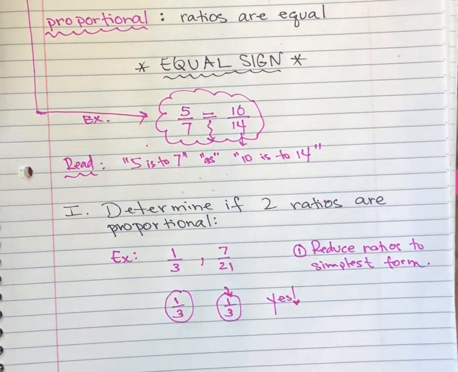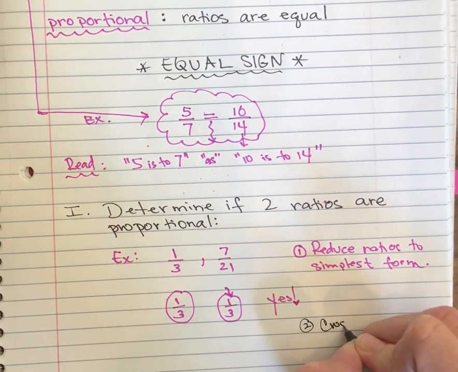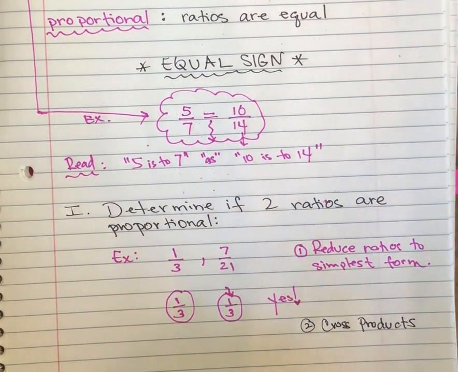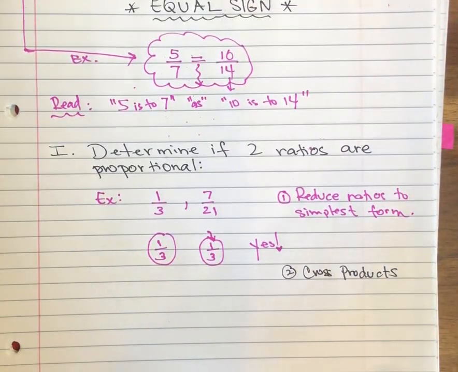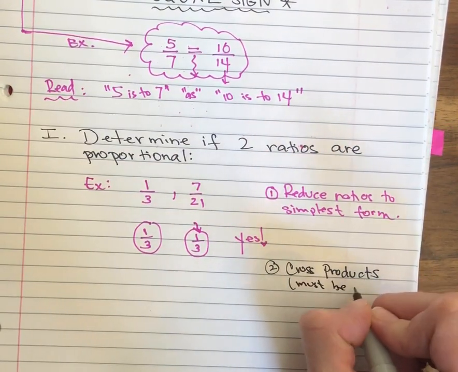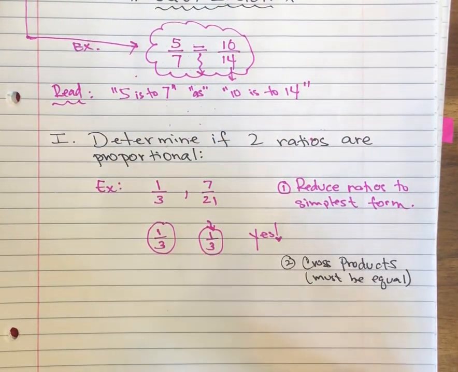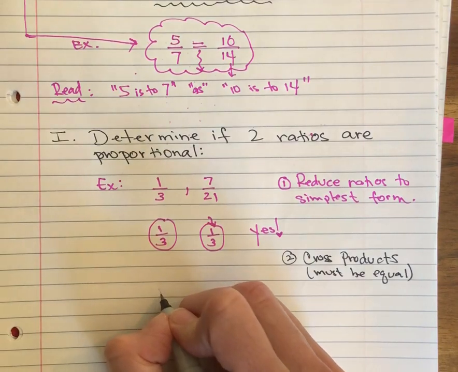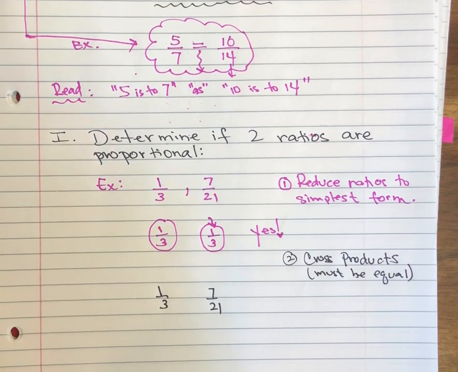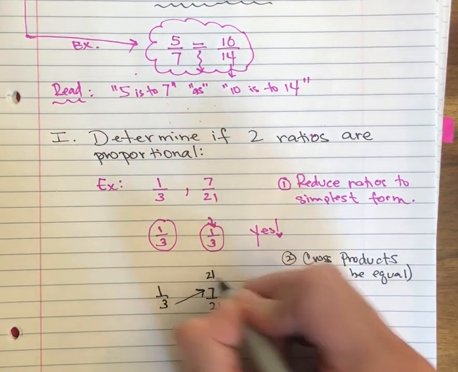Some of you don't choose to reduce your ratios. Some of you instead want to use cross products to determine if fractions are equal, and we can apply that same strategy here. So our cross products must be equal. Let's just take the same set of ratios, 1 to 3 and 7/21, and we multiplied across. 3 times 7 is 21.